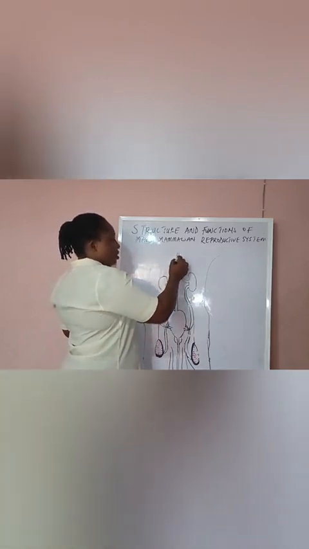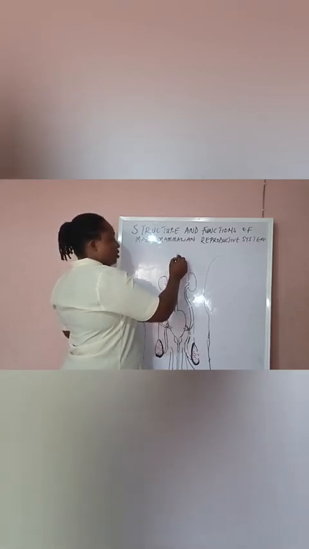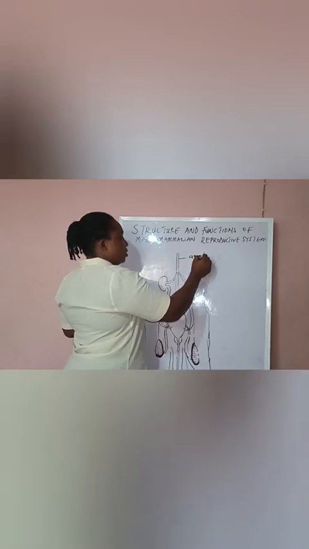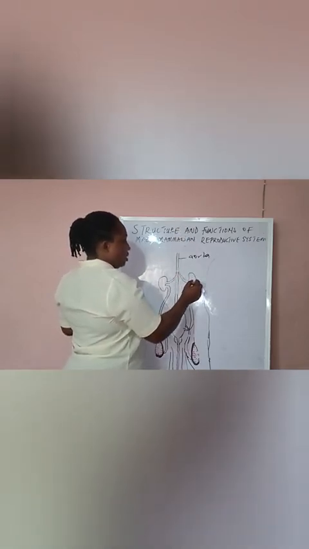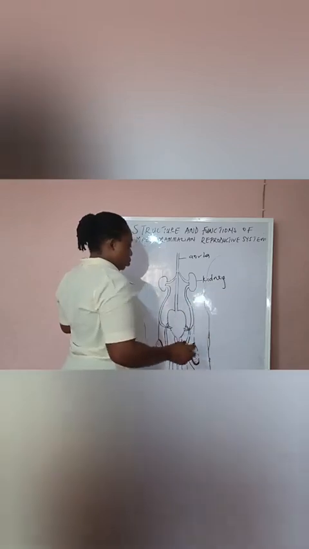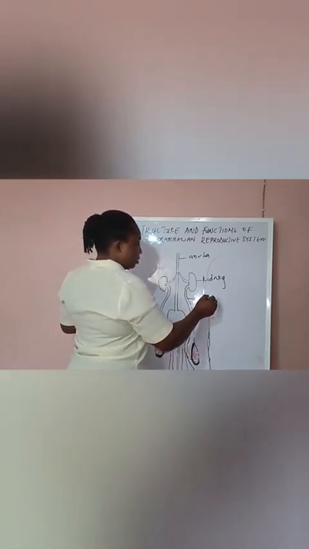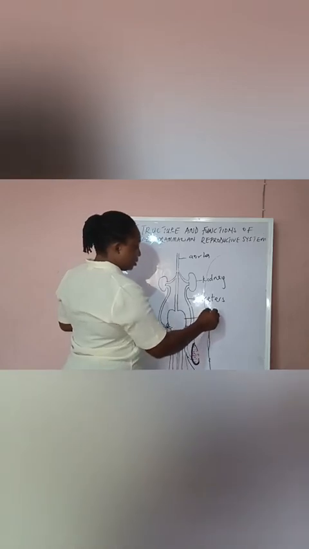Here is part of the renal aorta, the aorta, part of the aorta that is coming down. So we have the kidney. We have the ureters, and this is the bladder.